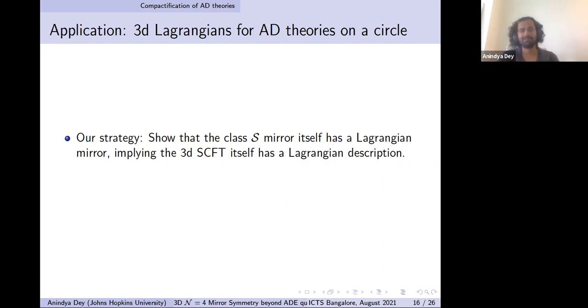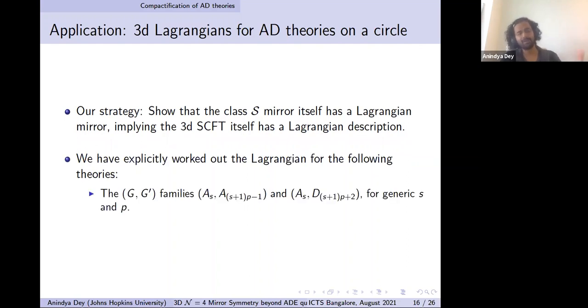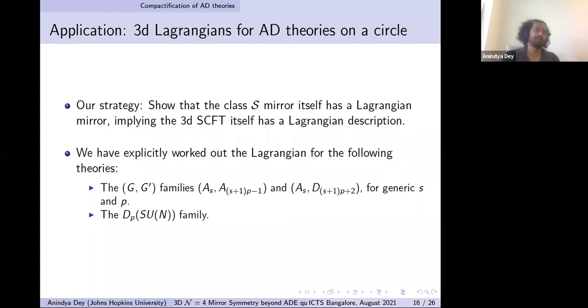So you show that the dimensional reduction of the Argyres-Douglas theory itself is Lagrangian. That's the strategy. And this can be explicitly worked out for various families: the GG prime families, for example, for arbitrary S and P, and the D_p(SU(N)) family, which is another family which I'll introduce. So is the program clear?